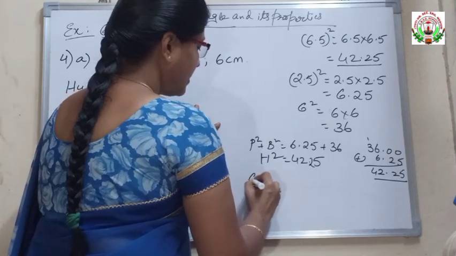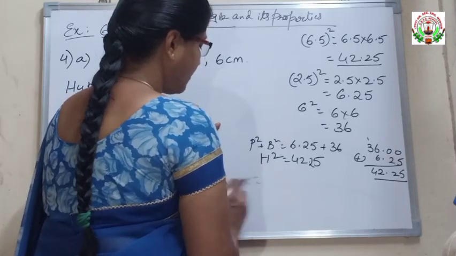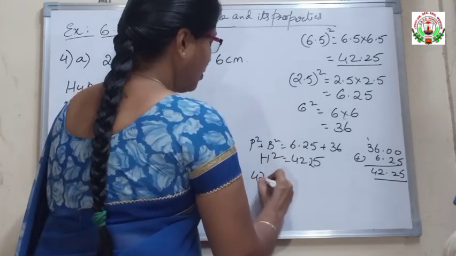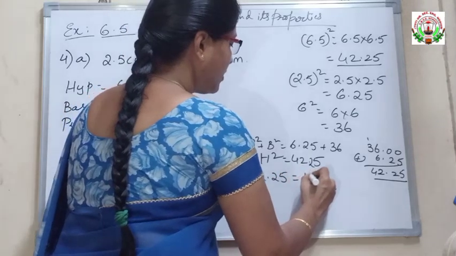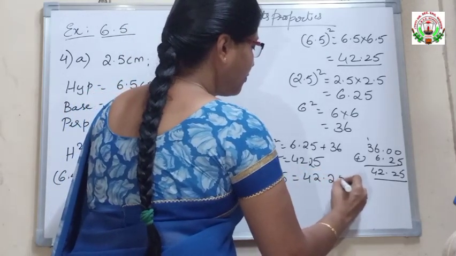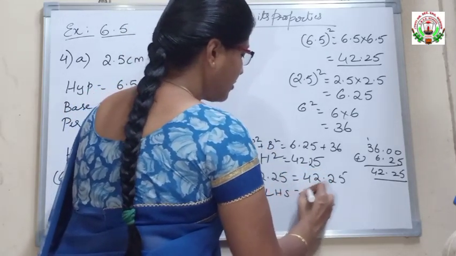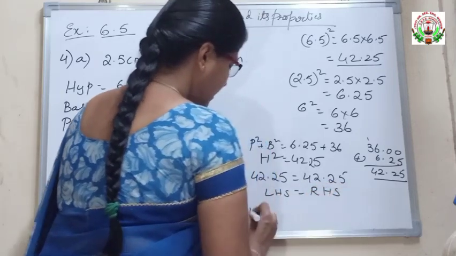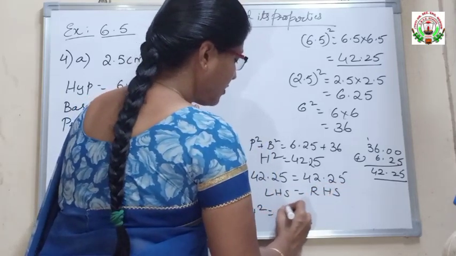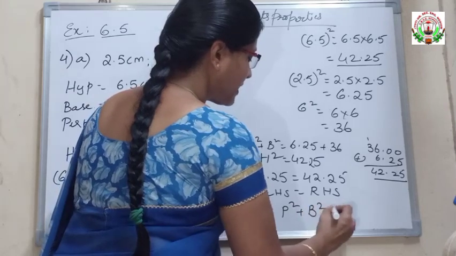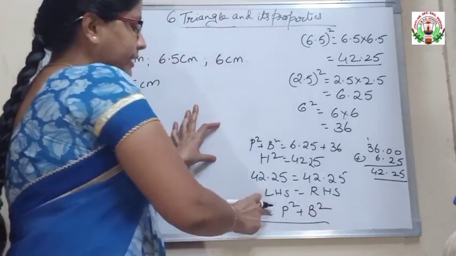So 42.25 is equal to 42.25. That is LHS is equal to RHS. That is hypotenuse square is equal to perpendicular square plus base square. It is equal.